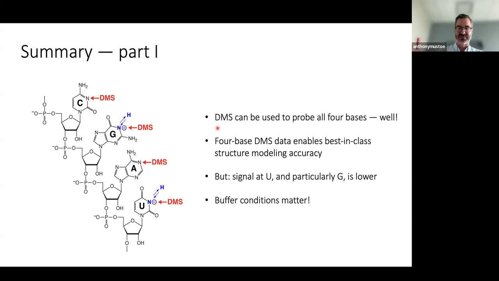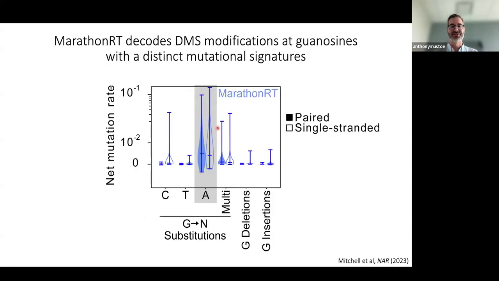We think it enables best-in-class structure modeling accuracy, but there are some caveats. You do need to tweak the conditions and be careful in how you're doing the experiment. So it is a little bit trickier than doing your standard probing experiment just getting data at A's and C's.